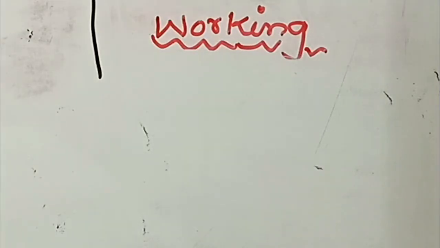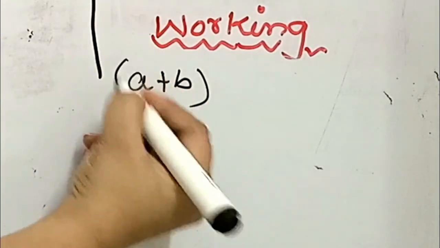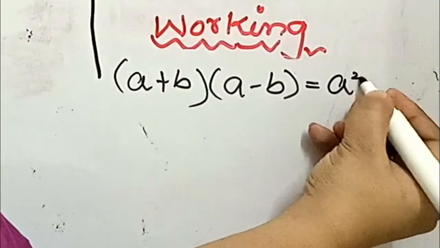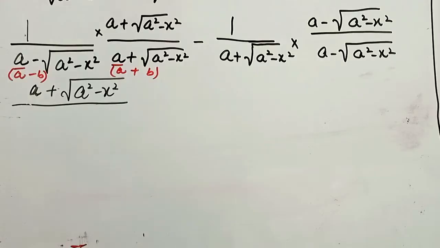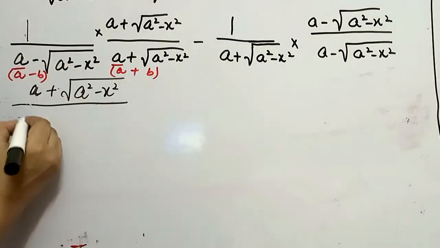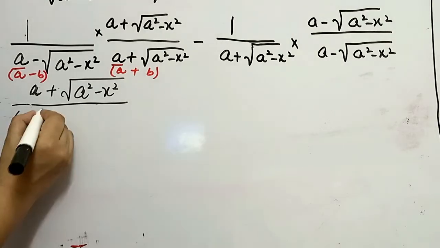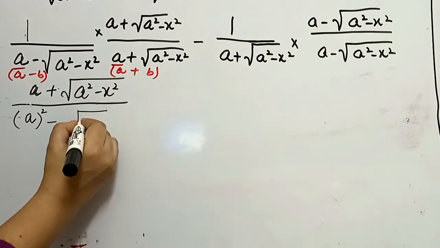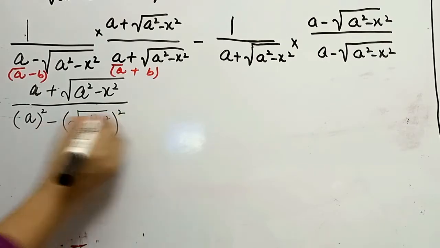As we know, a plus b into a minus b is equal to a square minus b square. So here we are applying this formula. A square minus, in the place of b there is under root a square minus x square, whole square.